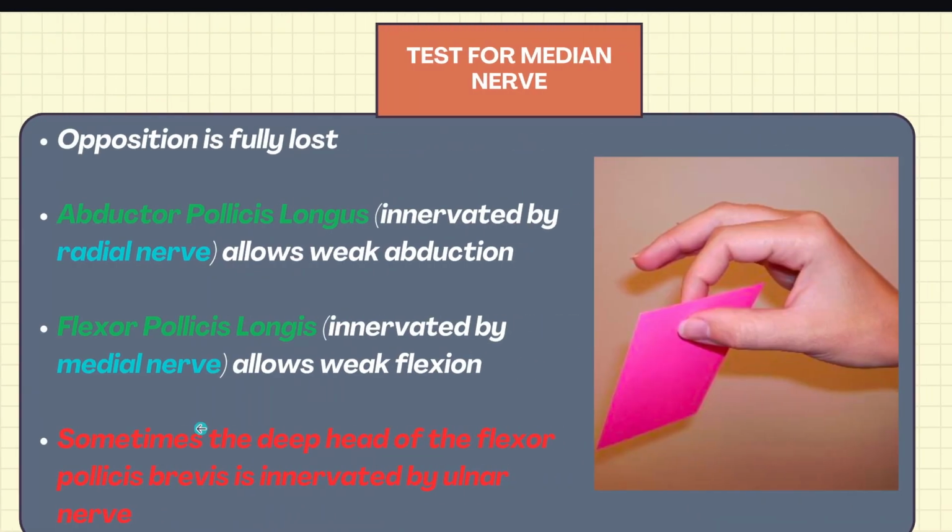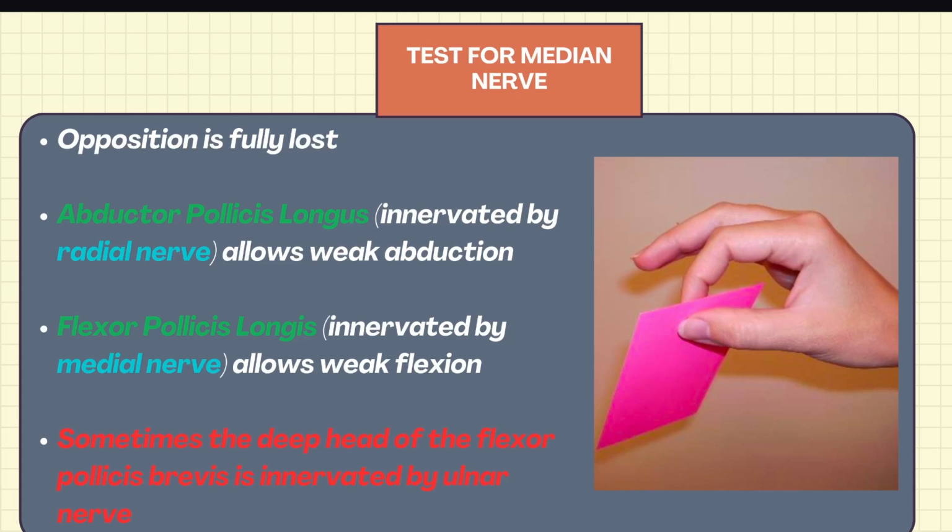Now, to test whether the median nerve is functioning or not, you're going to ask the patient to hold a piece of paper between his thumb and any of the other fingers. If the patient cannot do that, that means he lost his opposition fully. Now, why did we not ask about the flexion of the thumb or the abduction of the thumb?